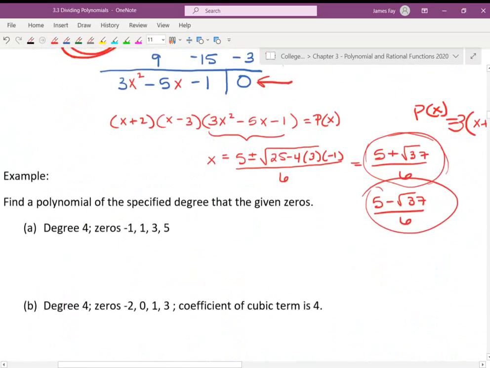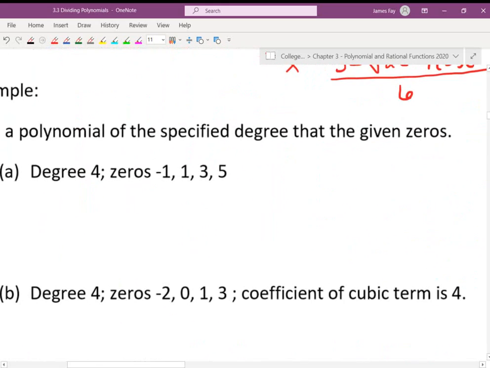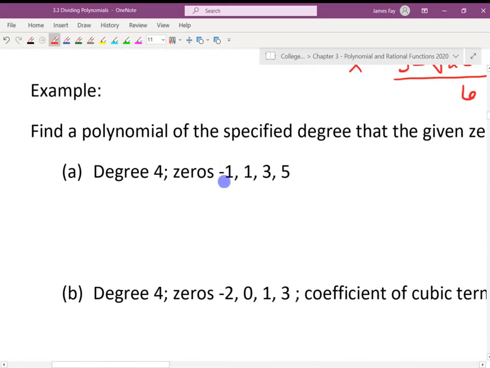Okay, so coming back down here, if -1, 1, 3, and 5 are zeros, then what is the factor that comes from that -1? X plus 1. Okay, it's always X minus C, which C is always the zero. So X minus -1 turns into X plus 1.